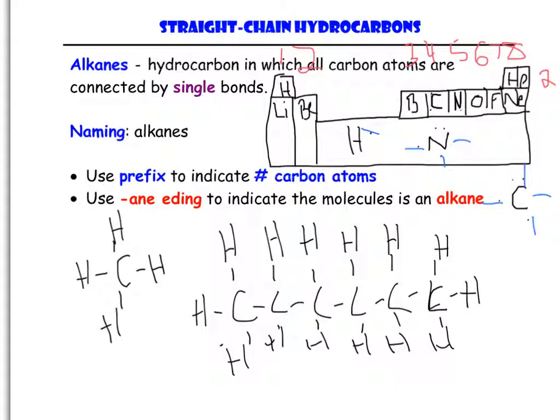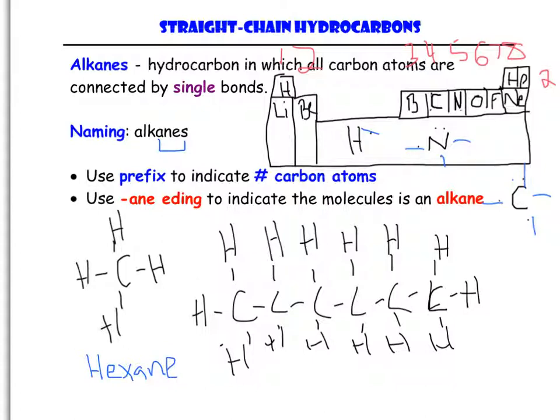And as an example, if I were to go through and name this particular structure that I've drawn, I have 1, 2, 3, 4, 5, 6 carbons. So if I look at my prefixes, 6 is hexa, and so I would name this as hexa, and then I need to look at my ending, which is ane, so this would be hexane.